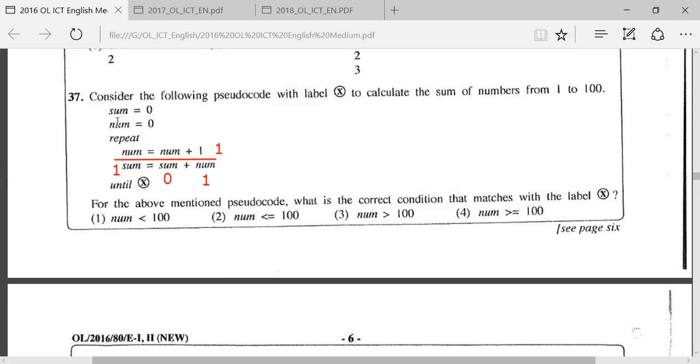It will go back again and again until num comes to 100. Iteration is needed up to 100. So when we want the iteration up to 100, we must have the particular condition in X. So in the until X part, it will be num, right?